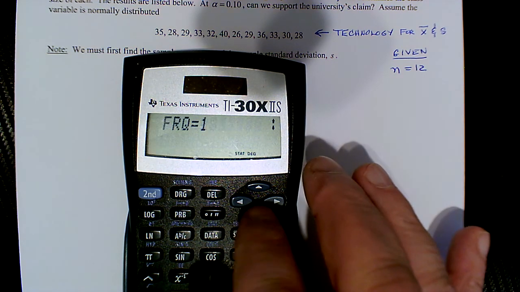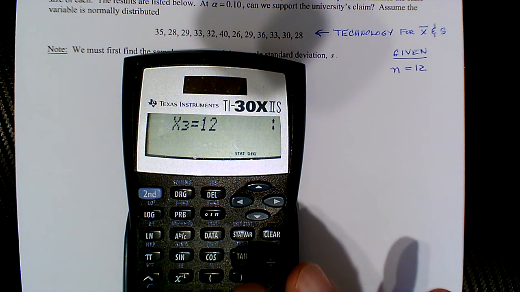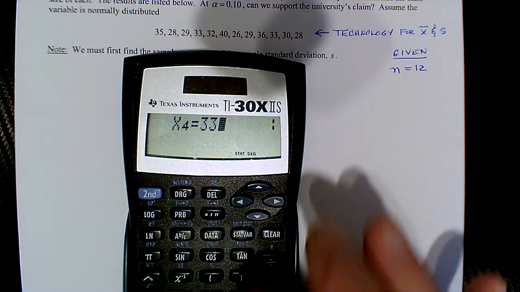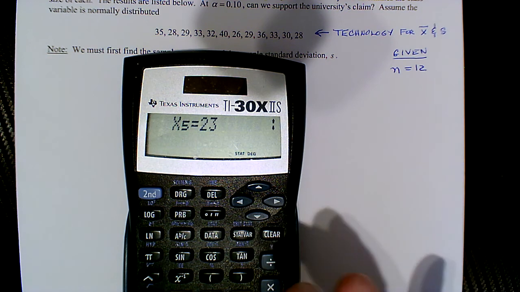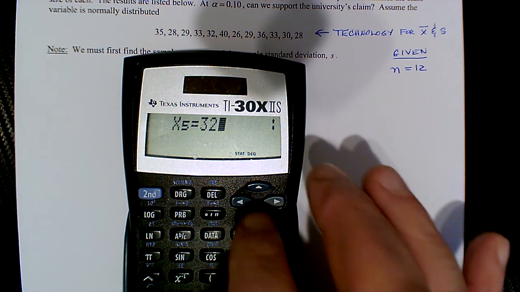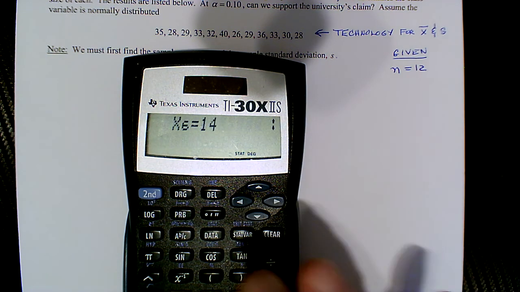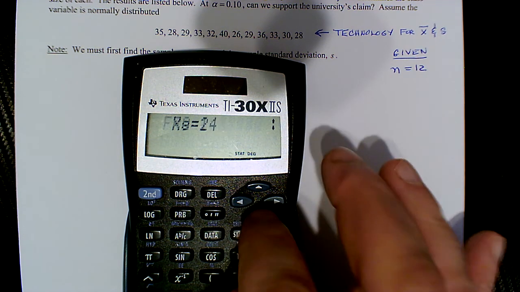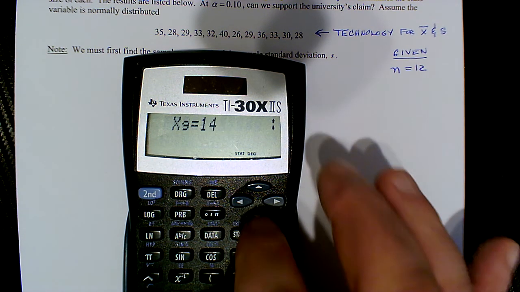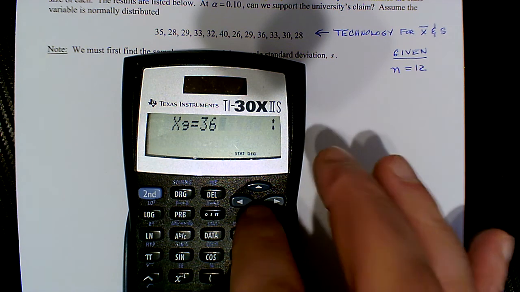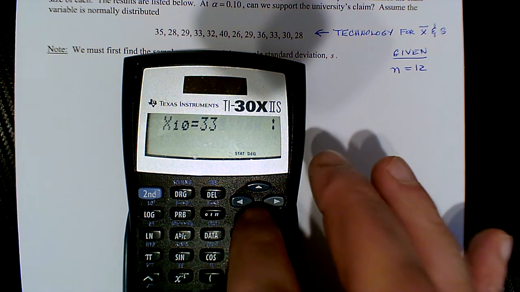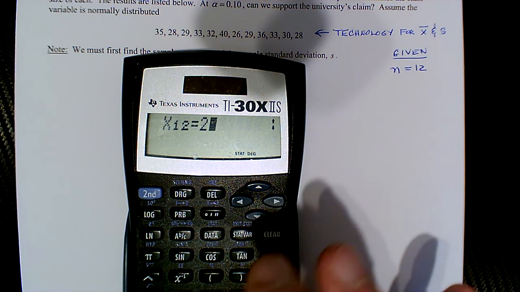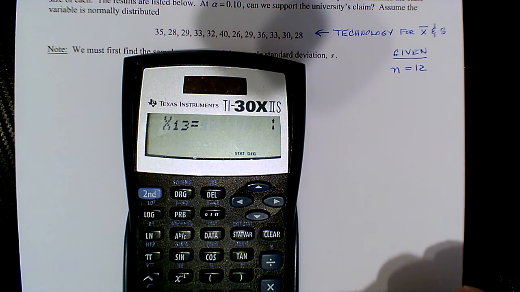Frequency 1, 29, frequency 1, 33, 32, 40, 26, 29, 36, 33, 30, and 28. Okay, so that's my data.